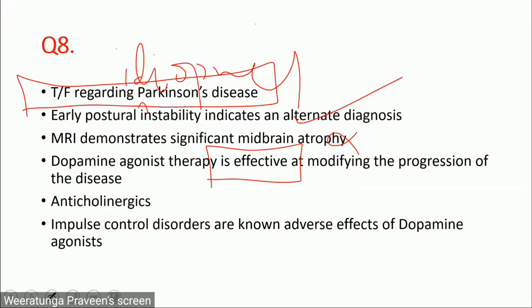Some drugs, people think they might, but most of the drugs are absolutely useless at modifying the disease progression. There is one drug, but essentially, for your level, none of the drugs are effective at modifying the progression of the disease.